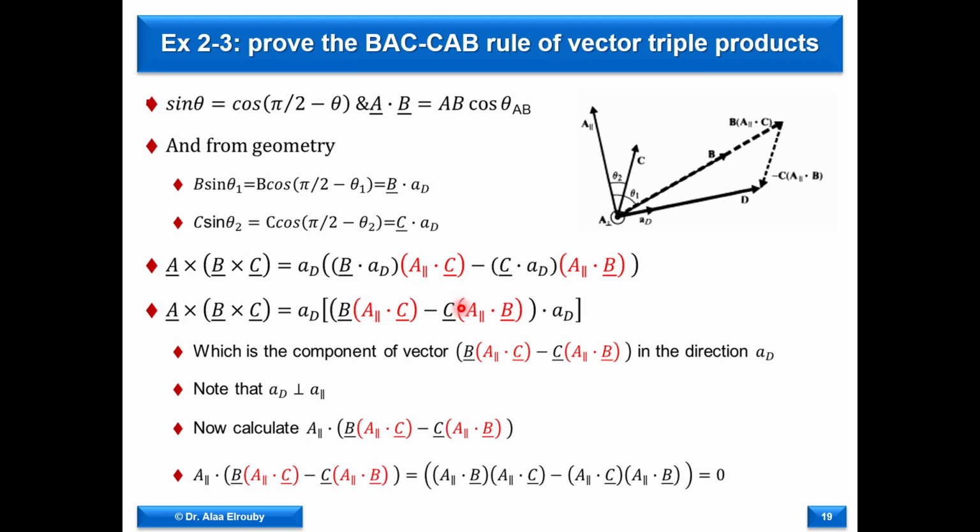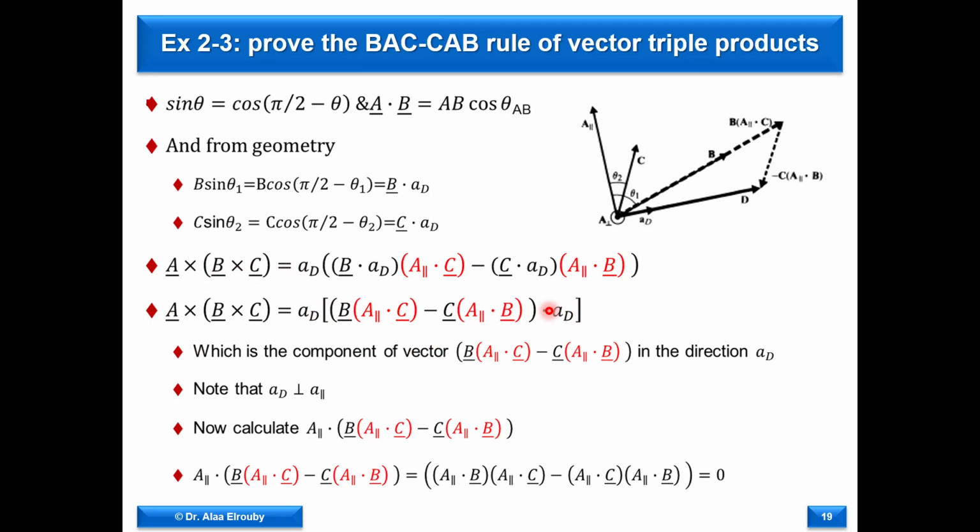Why? Because we have this expression dot product with AD, which is the projection of this vector in the direction of AD, and this vector is in the direction of AD. Because we just proved it is in the AD direction, this AD and this AD will cancel.